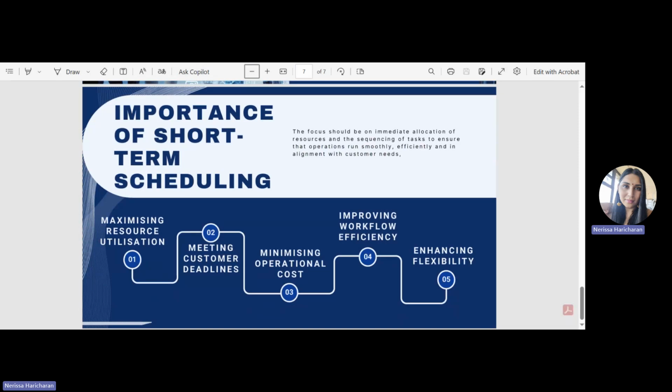Then we're talking about minimizing operational costs. Firstly, you want to reduce as much idle time as possible. You want your scheduling to be efficient so that your resources are always engaged in production.